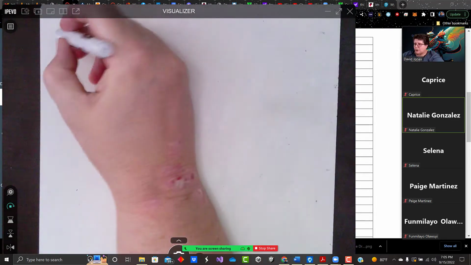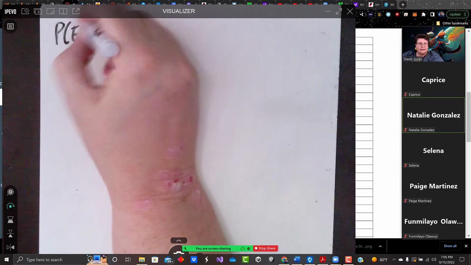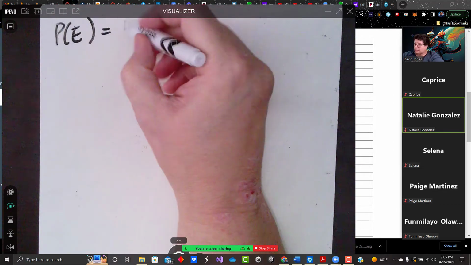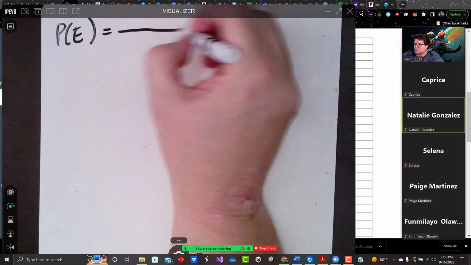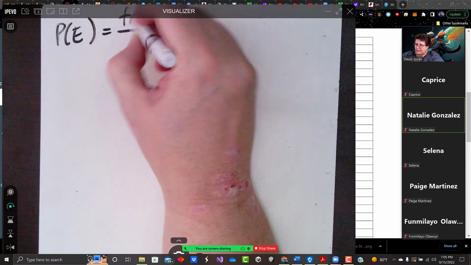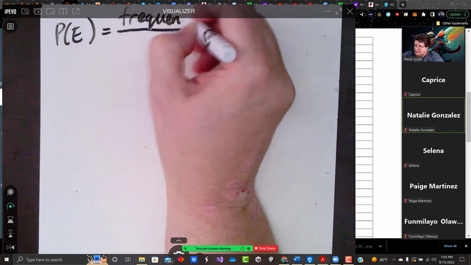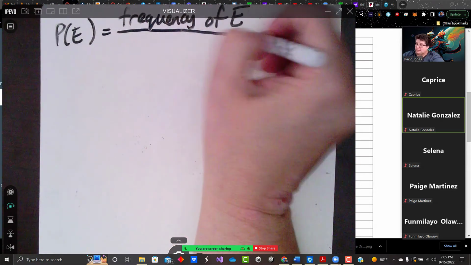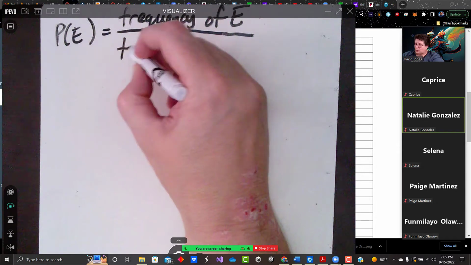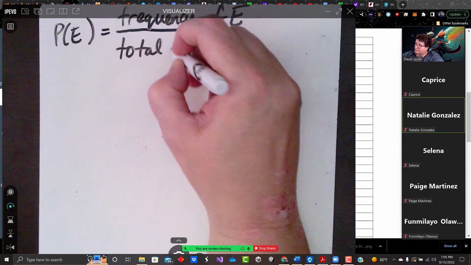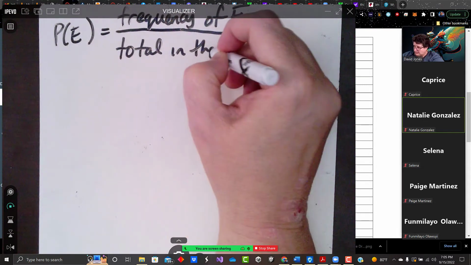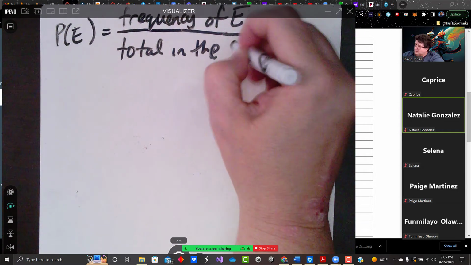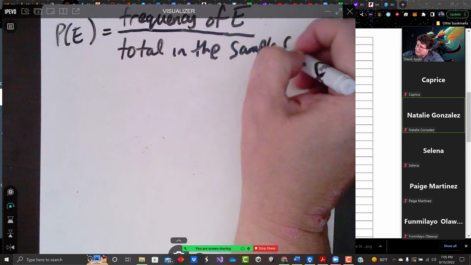So I had said probability of an event is, really when we do it in an experiment, the frequency of event E over the total in the sample space.